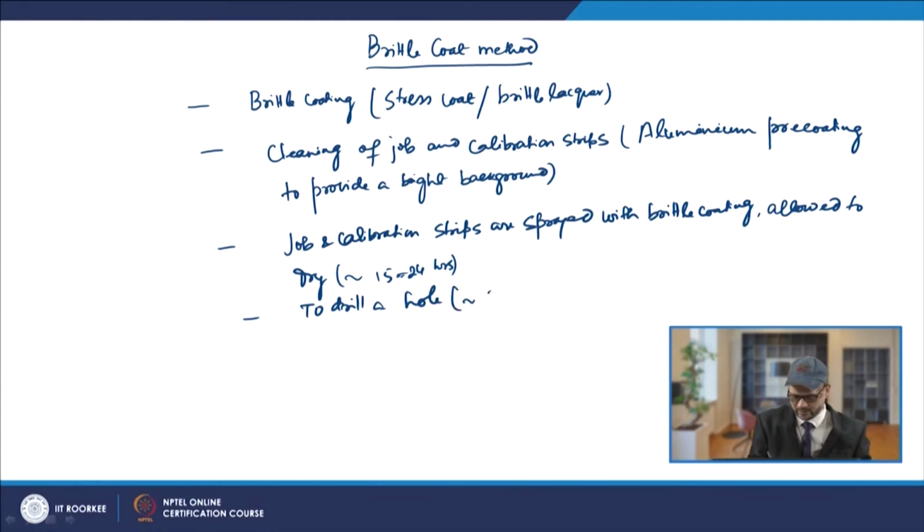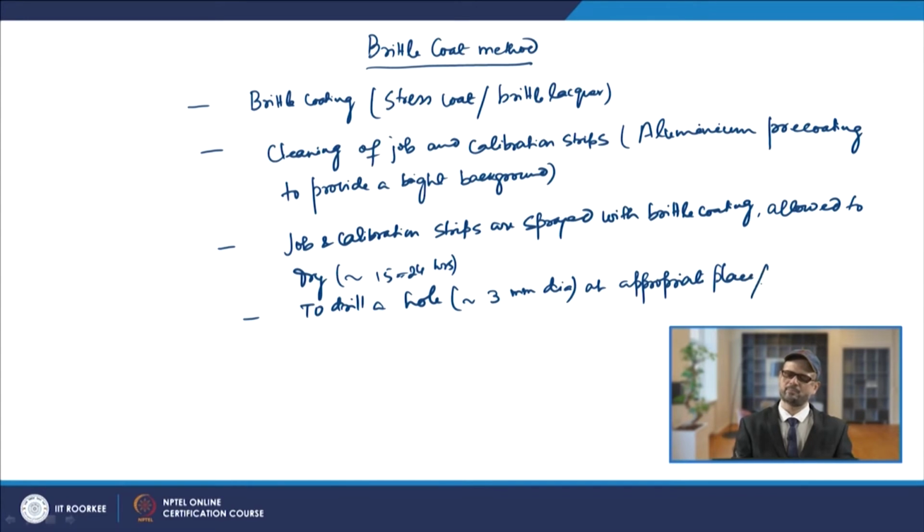Normally you take a 3 mm diameter hole at the place of interest, wherever you have to find the residual stress. At that place you are drilling a hole of about 3 mm.